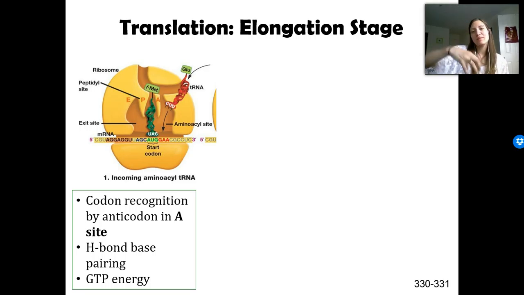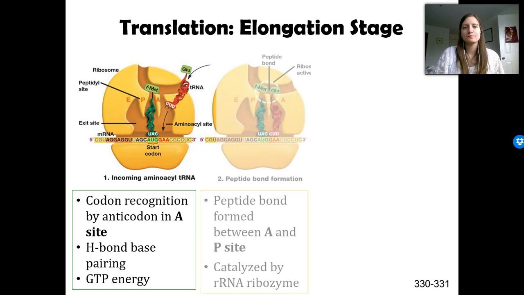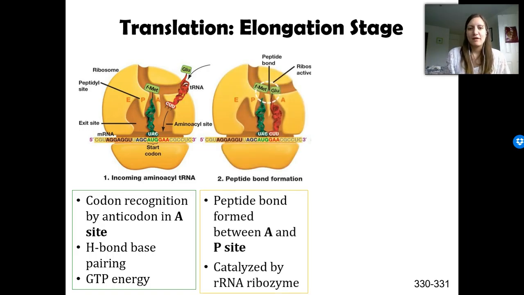So now we have something coming in to that A site. The next step is, now that you have a new amino acid, you want to form a peptide bond. A peptide bond is formed between this A site amino acid and this growing chain that is really being held in place at the P site. And you can see that here.